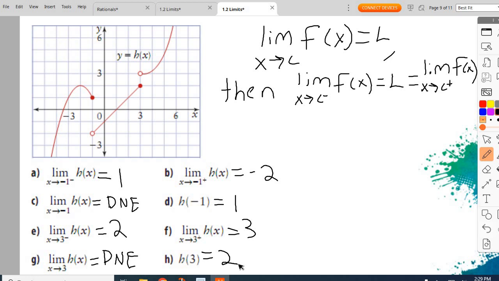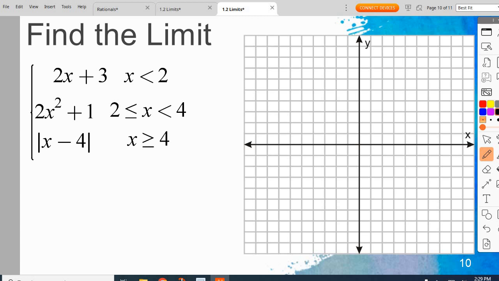Piecewise function, yes. Sometimes we might have to graph our piecewise functions ourselves. So we want to find the limit as x goes to 2 from the left and the right, and our overall limit.